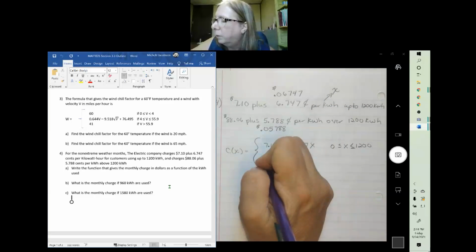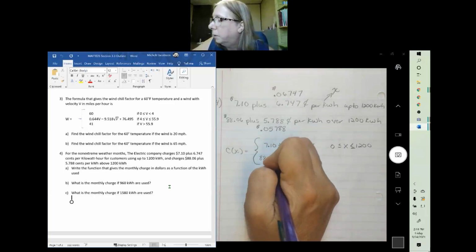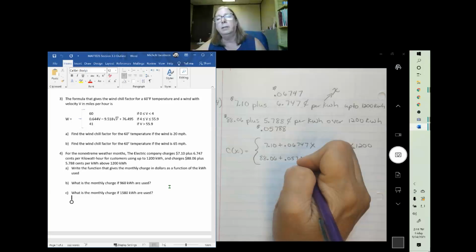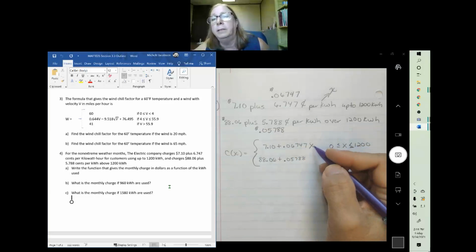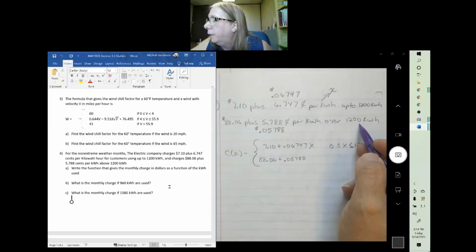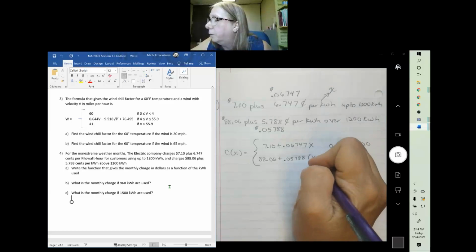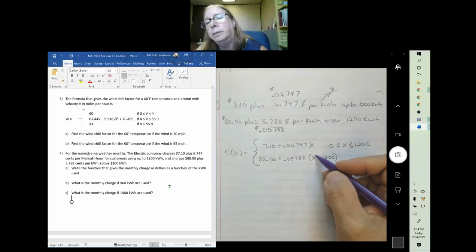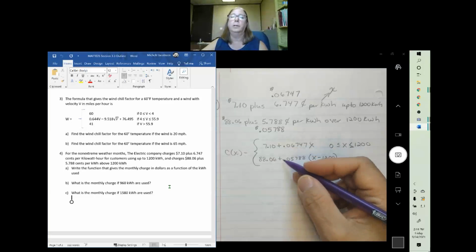This one is 88.06 plus 0.05788. Now it's not going to be X because it's the hours over 1,200. So it would be X minus 1,200. So anything over 1,200 would get this for the extra part.